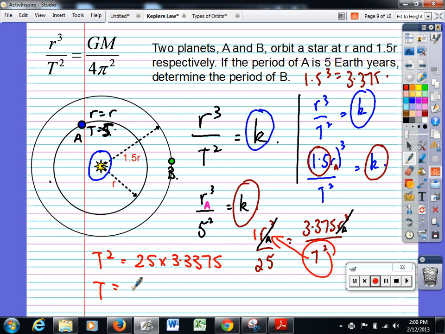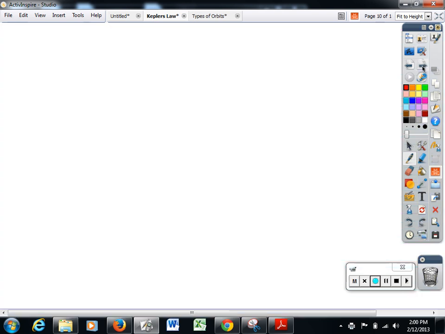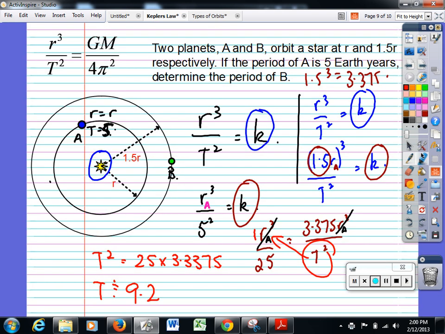Or is it 20? Yes, so 9.2. Is it exactly? 9.185. So what's 9.185, or approximately 9.2? Now, 9.2 what? It's years, isn't it? Because that is in years.